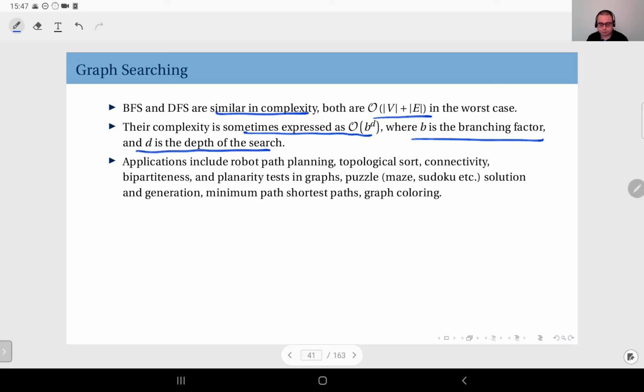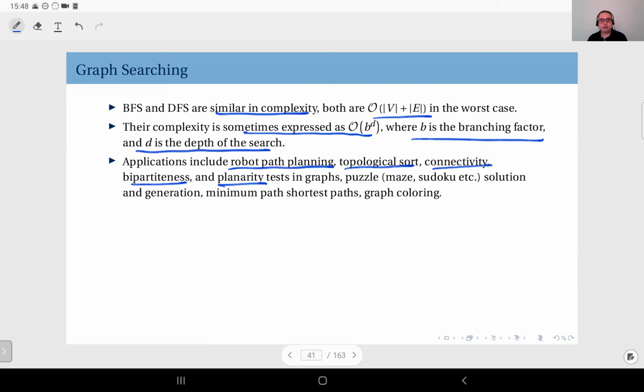Applications include robot path planning, again, a sort of a search on the topology, or topological sort, if you remember from partial orders, connectivity checking for graphs, bipartite checking for graphs, and planarity tests in graphs, because these are all related to graph coloring, and you can assign colors as you visit vertices.